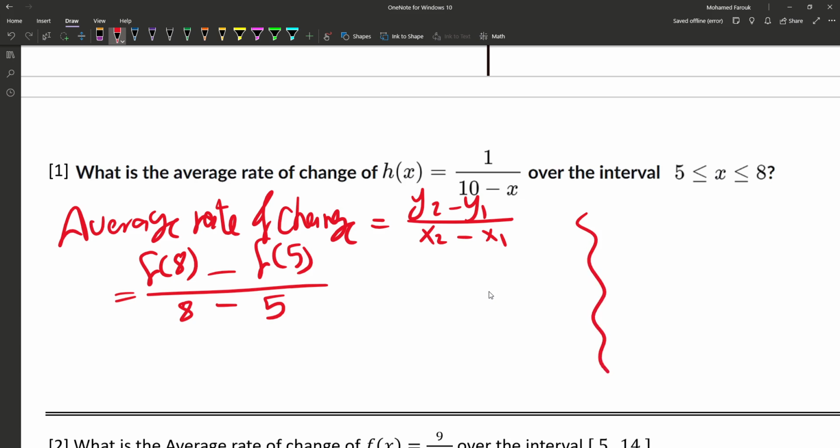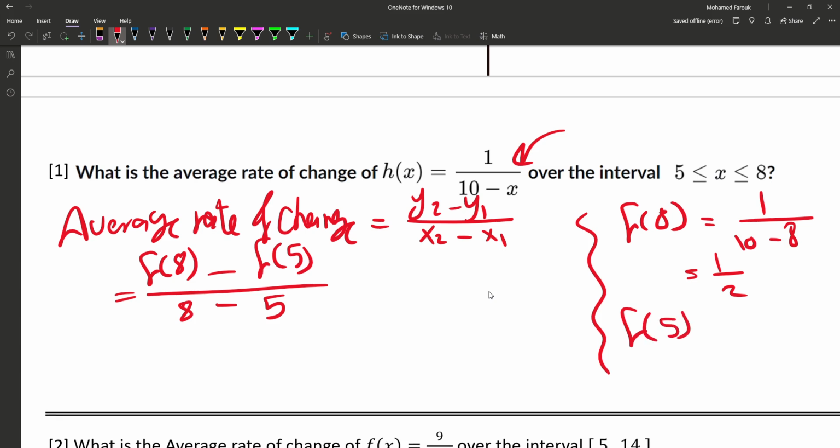Okay, so at first, how to get f of 8? We will plug 8 here, so it will be 1 over 10 minus 8, which is equal to 1 over 2. And how to get f of 5? It's the same, plug 5 here, so it will be 1 over 10 minus 5, which is equal to 1 over 5. And then use these values and plug them into your rule.